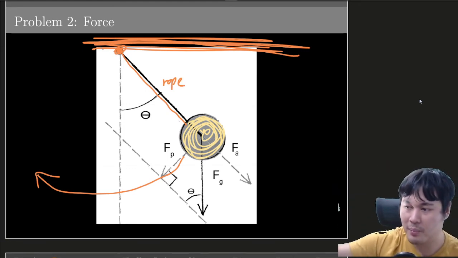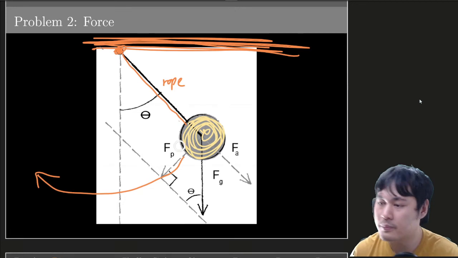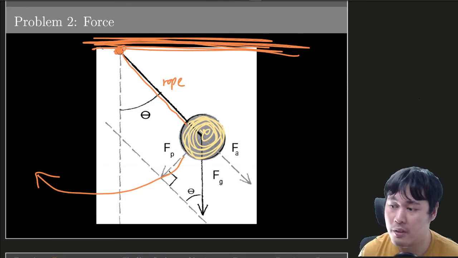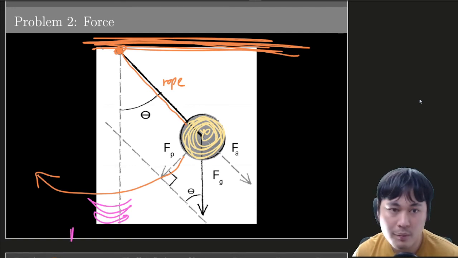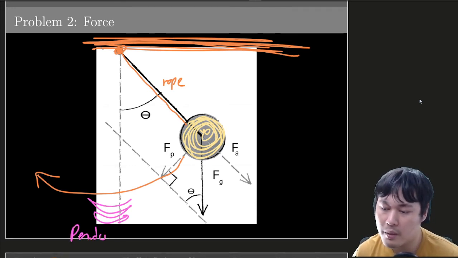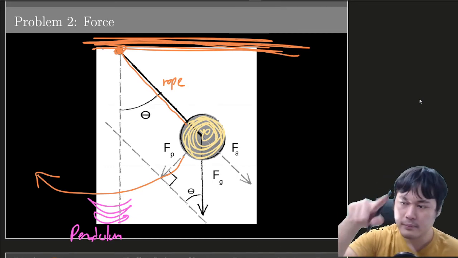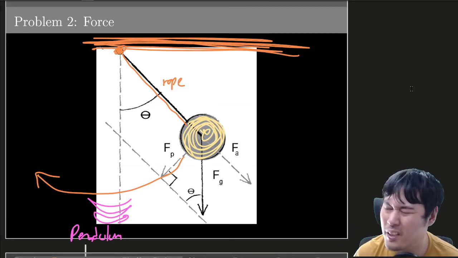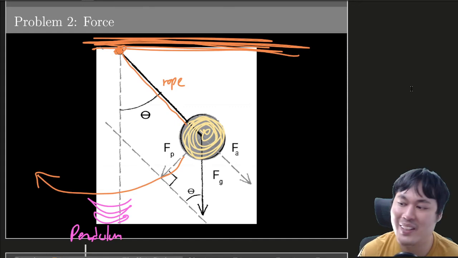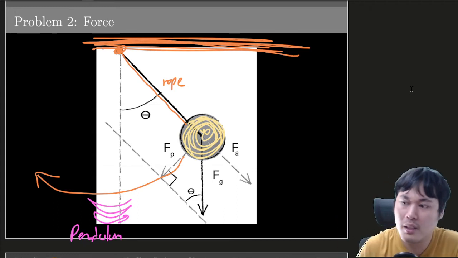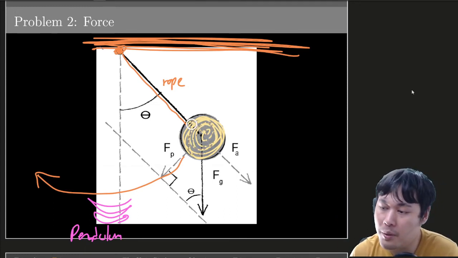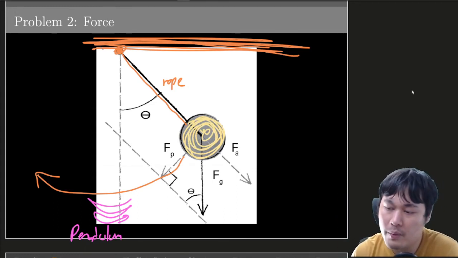So the weight from the ball will pull the rope down to a more natural position. And it bounces back and forth in what we know as a pendulum movement. Yes, the old clock. I don't think anyone has one in the house nowadays. The old clocks use this kind of pendulum movement to measure time.